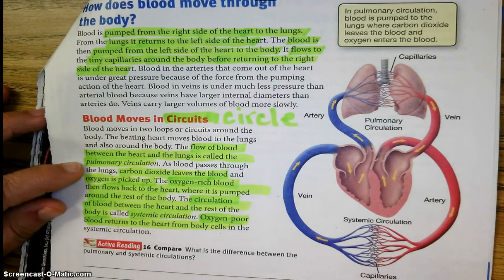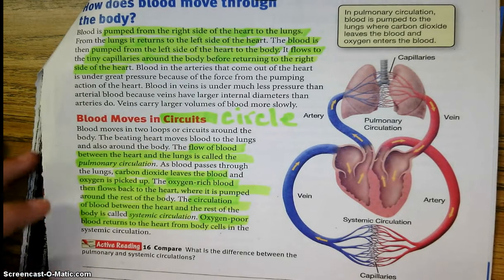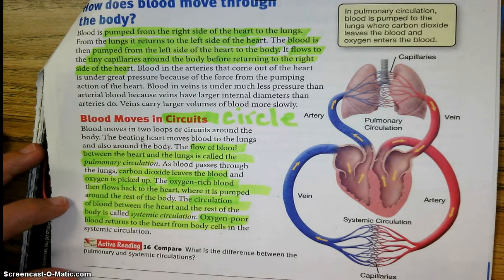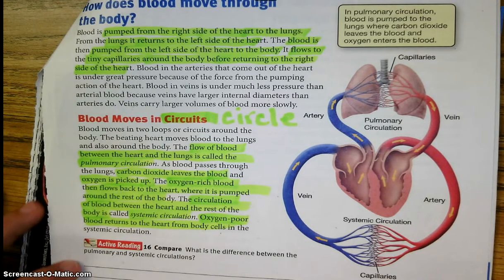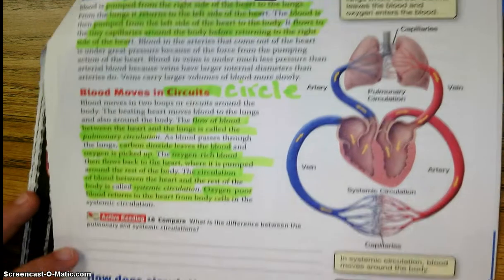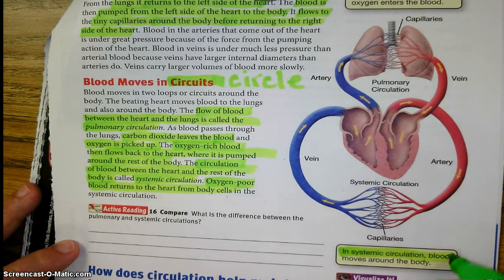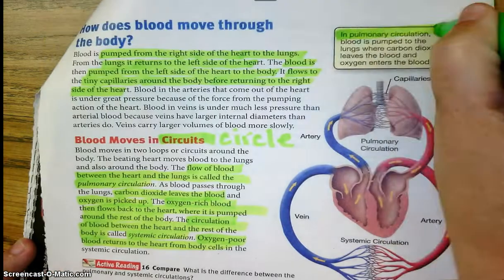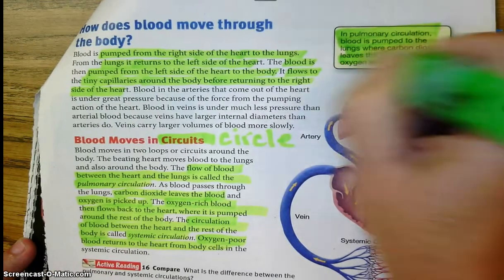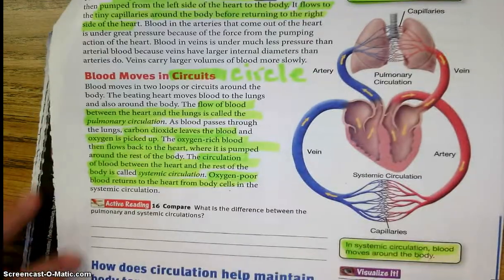Pulmonary is the flow of blood from the heart to the lungs and back, and systemic is the flow of blood from the heart throughout the body and back to the heart. That's the difference. And it even tells you that right here in these little boxes, okay? So there's your answer to number 16.